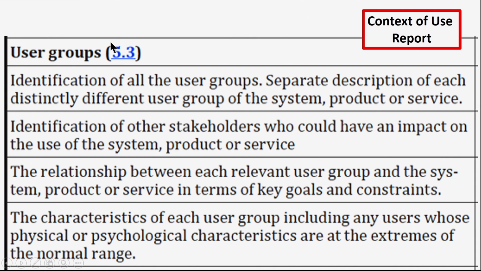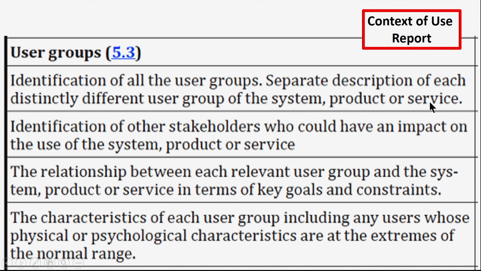Here's another example. I haven't listed which section or which variant of the document each item is required in, but I did want to give you a sense of what kinds of information are desired in describing user groups. So identify them all, with a separate description of each distinctively different group of the system, product, or service.